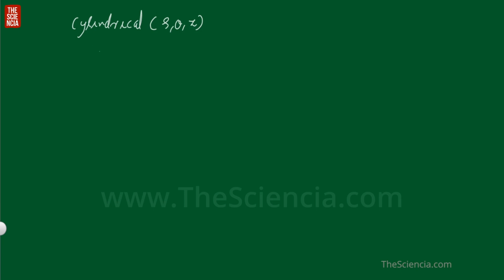We know the kinetic energy equals half m times x dot square plus y dot square plus z dot square. So if we know x dot, y dot and z dot in cylindrical coordinates, we can find out the kinetic energy, right?